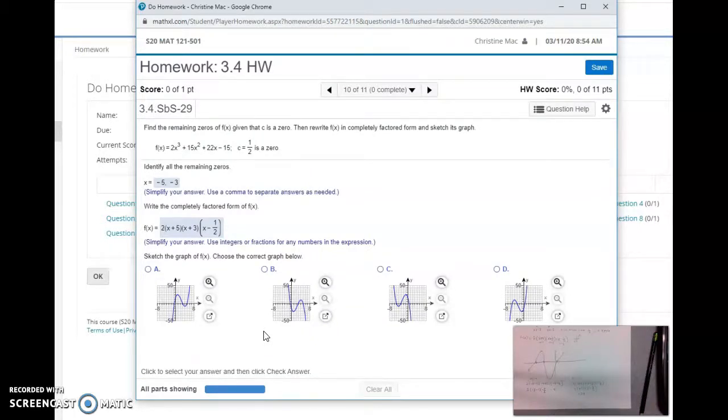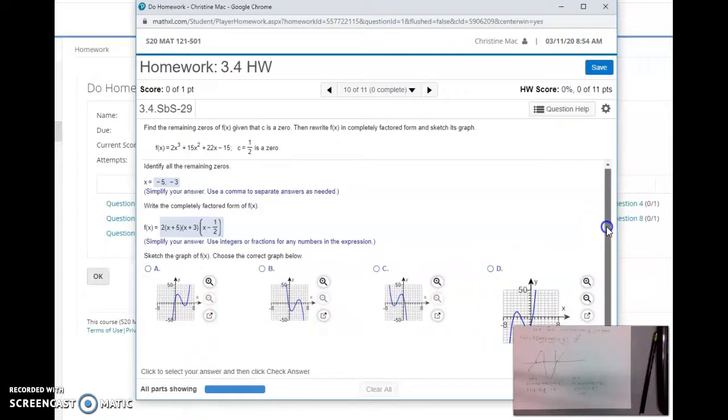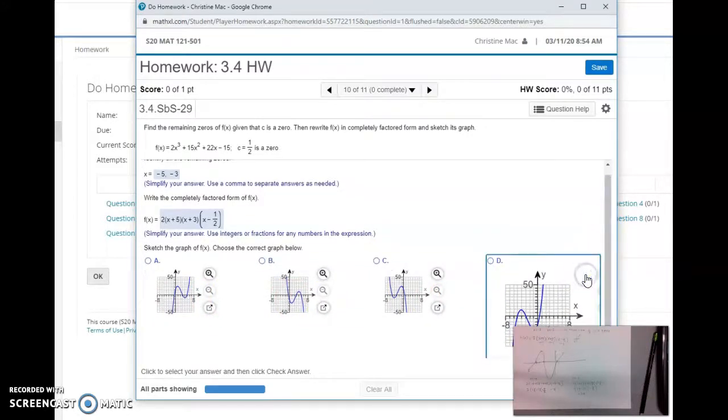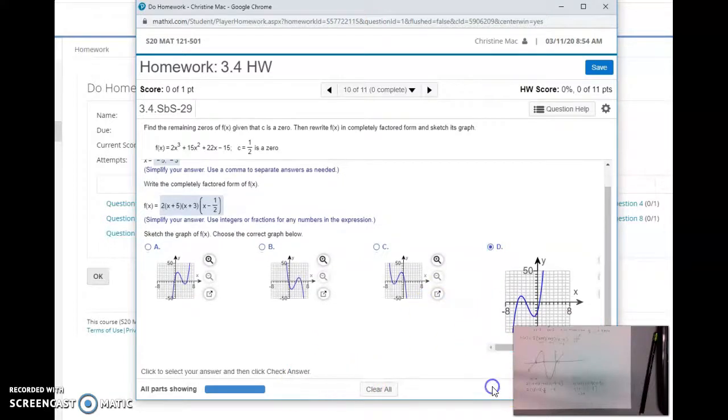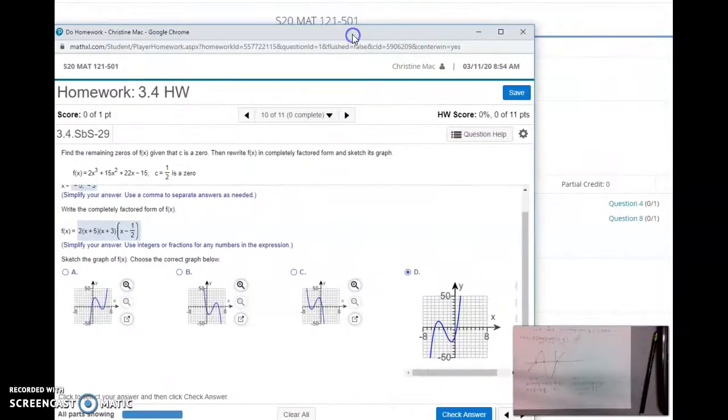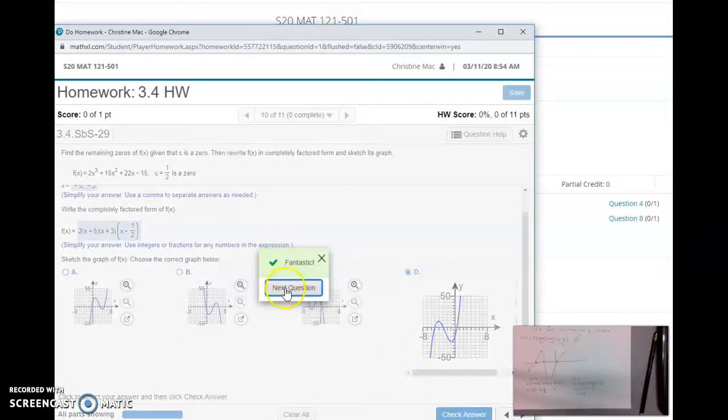So looking at these graphs, this has the right end behavior, this has the right end behavior, but if we look closely at these intercepts here, I should have intercepts at -5, -3, and 1/2, which looks like D. Let's get closer. Yeah. Okay. All right. I hope that this was helpful.